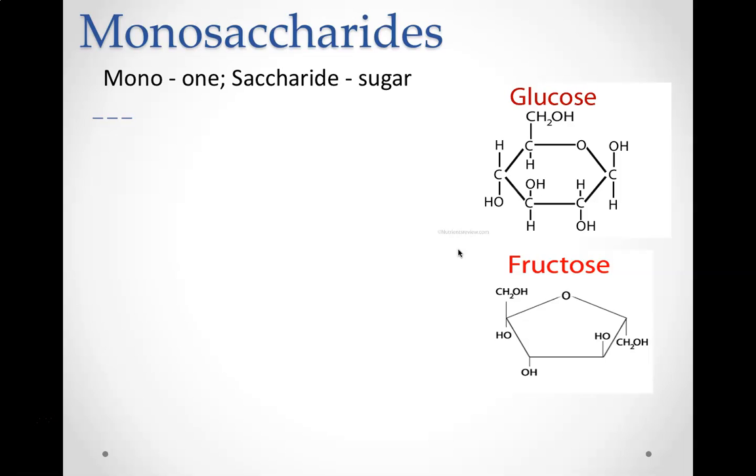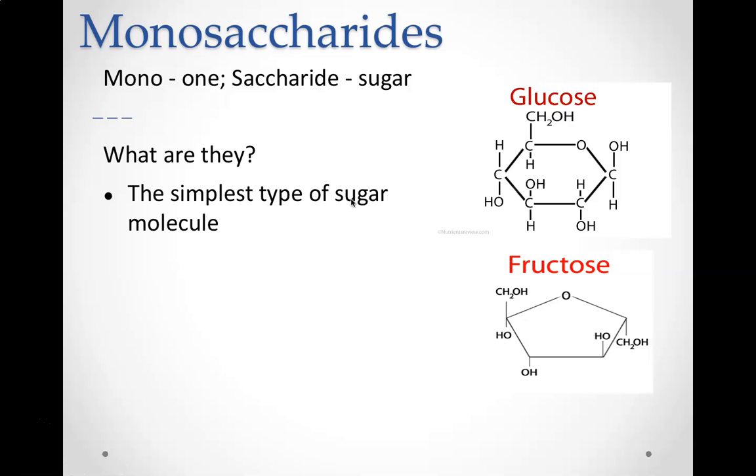It's kind of a big scary bio word. So if we break that apart, mono means one, and saccharide means sugar. So this is a one-ring sugar. And we can see that in the picture. I know these pictures kind of look complicated, but it's basically just one ring of carbon, hydrogen, and oxygen.